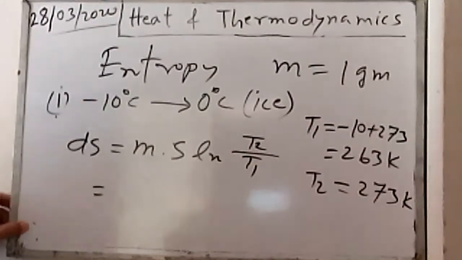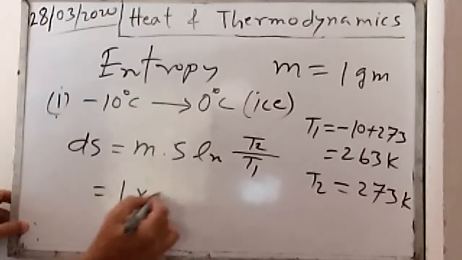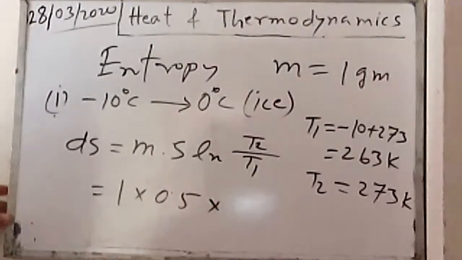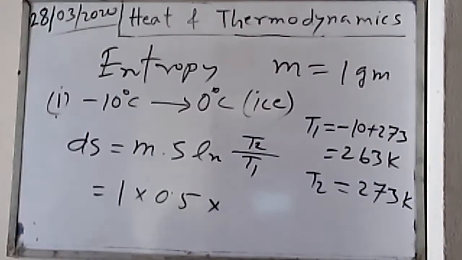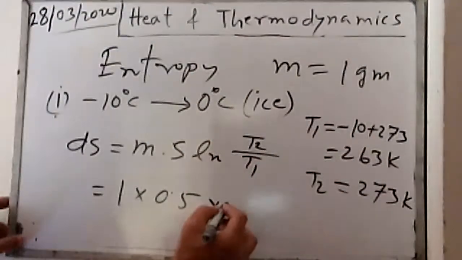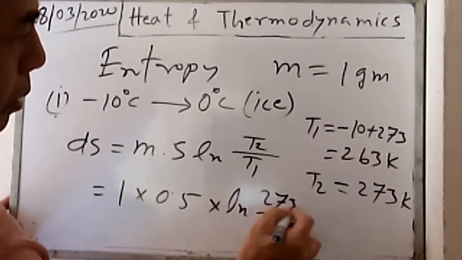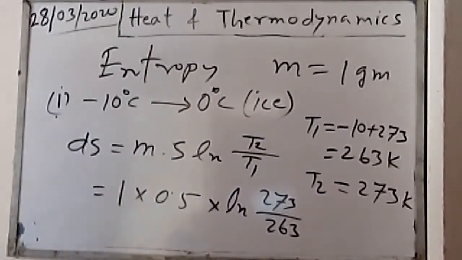Now mass is 1 gram into 0.5. The specific heat of ice is given as 0.5, and ln 273 by 263.